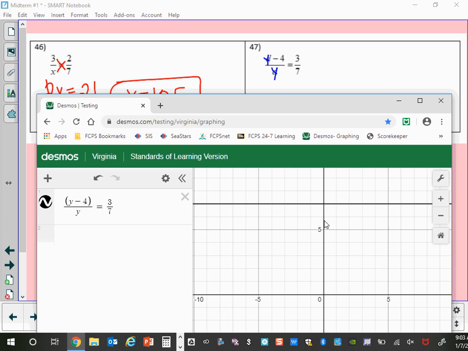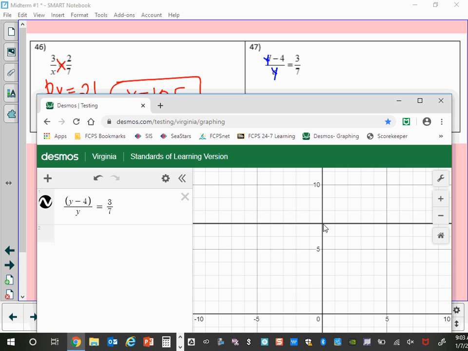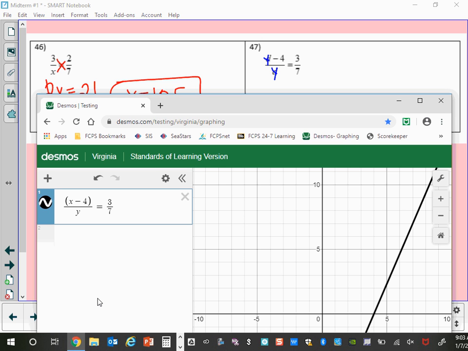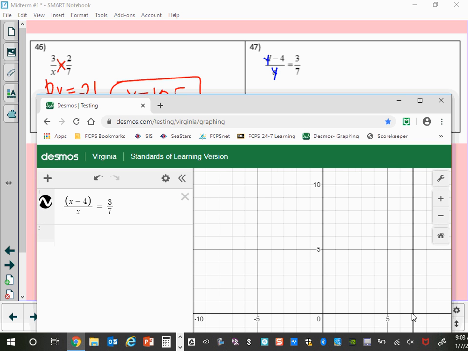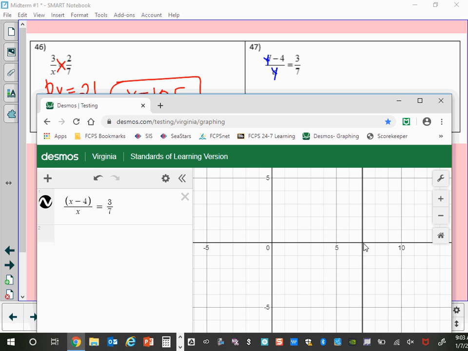What's my Y value here? I know, but just count. 7, right? If you don't want to use Y, use X. If you change your Y's to an X, that's fine, but it's right there. From 5, our line is at 7. So what is the answer to 47?